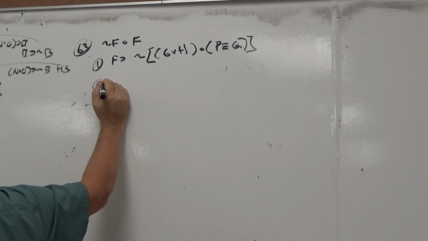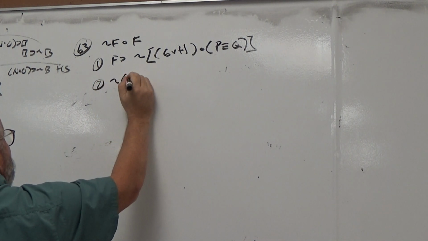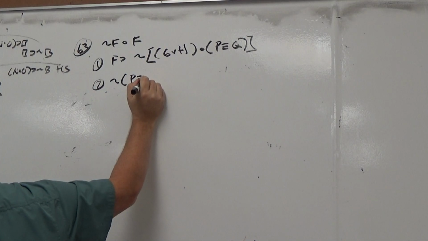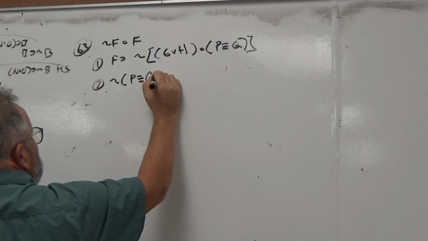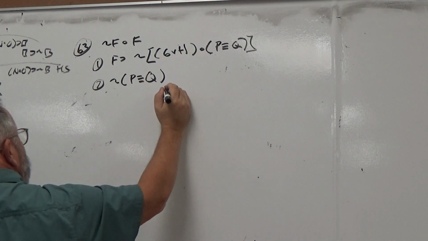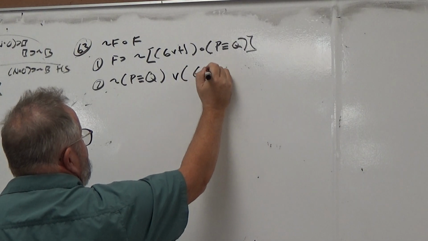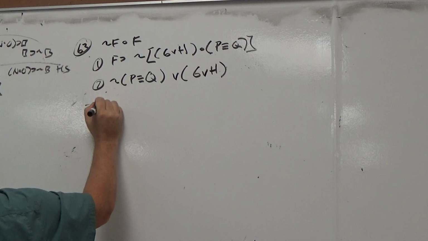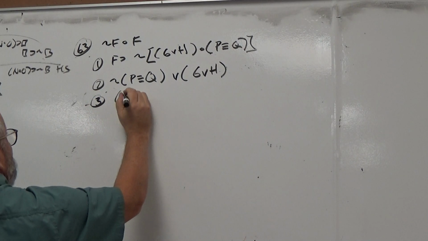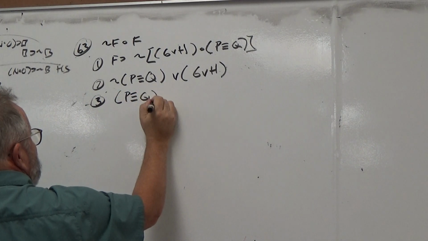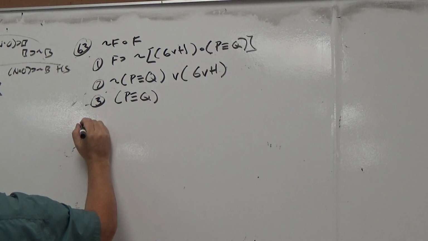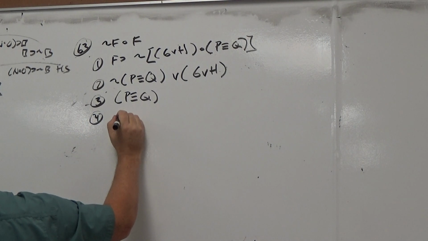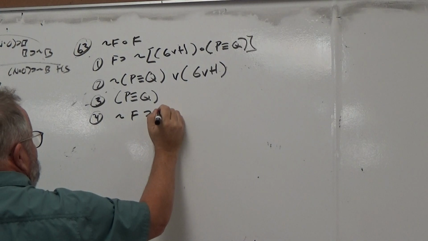And then line 2 says not P if and only if Q or G or H. 3 is P if and only if Q, and 4 is not F then F.